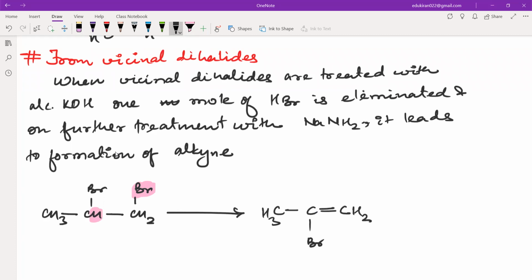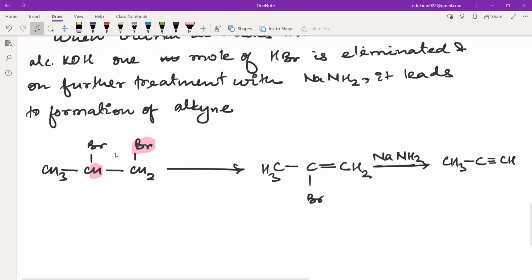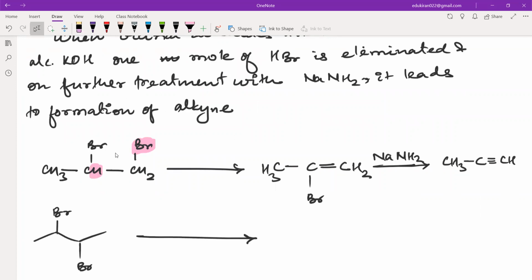Now on further reaction with NaNH2, again one of the Br and one of the hydrogen will be liberated, and you will get CH3 C triple bond CH. So let us suppose you have something like this with Br and one more Br. Wherever the Br is, you will form the triple bond on those carbons.